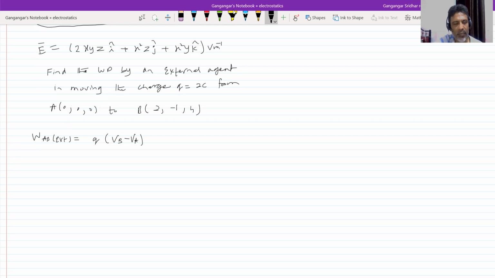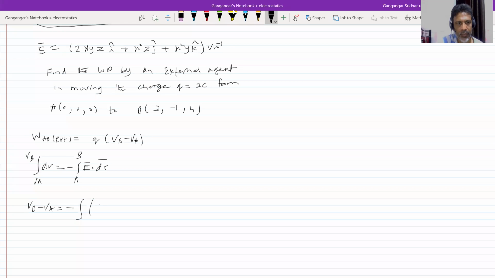How to calculate the potential difference between 2 points in a field which is non-uniform? So you don't draw any lines of force. Take that away, just go for the basic formula: dV equal to minus E bar dot dr bar. Potential difference, coordinates, this will become VB minus VA.